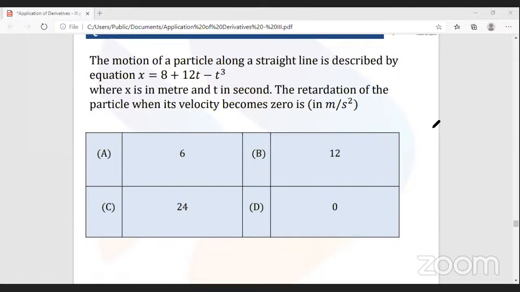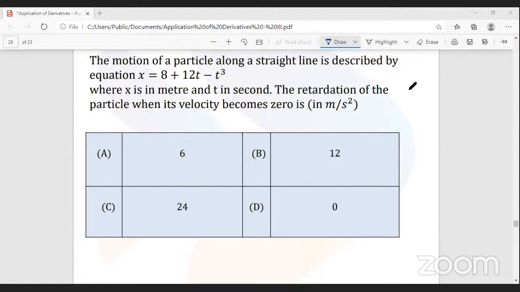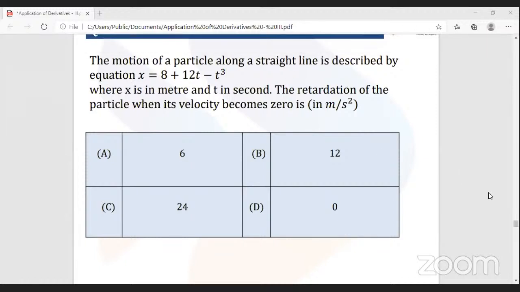The retardation of the particle when its velocity becomes 0. Yes, great. It is B. A very easy question this is.